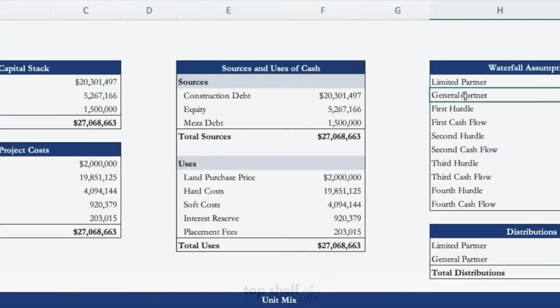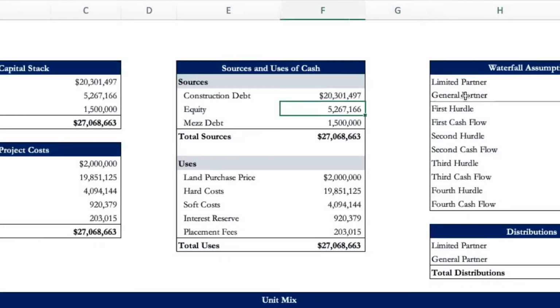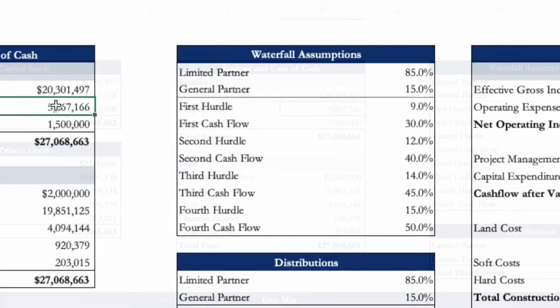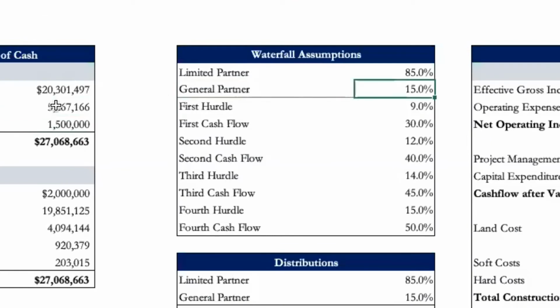We can see that here as the equity amount of the total funding, which is about $27 million, is fairly small compared to the total debt, which is the sum of the construction debt and mezzanine debt. Furthermore, the general partner amount being funded for the equity is only 15% as compared to the 85% being funded by the limited partner.